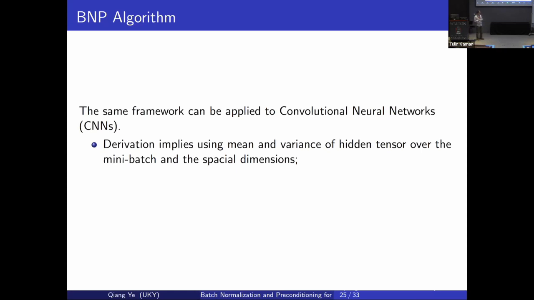The hidden variable is a 3D tensor, so our derivation naturally leads to using the mean and variance of the tensor over the mini-batch direction and the spatial dimensions. This is how BN is actually used in CNNs, though it's not quite the same as how BN is derived for the dense, fully connected network that we talked about.